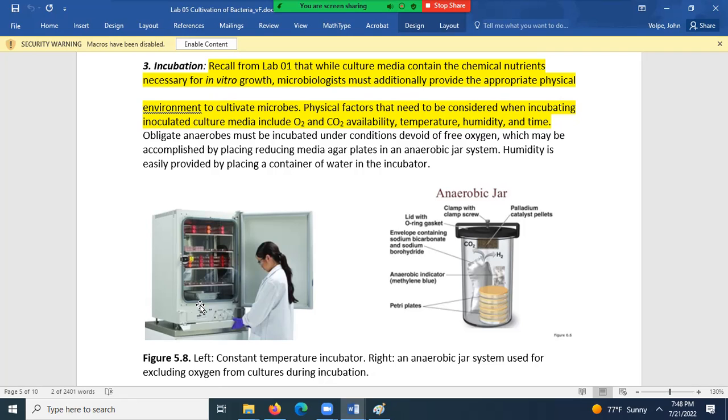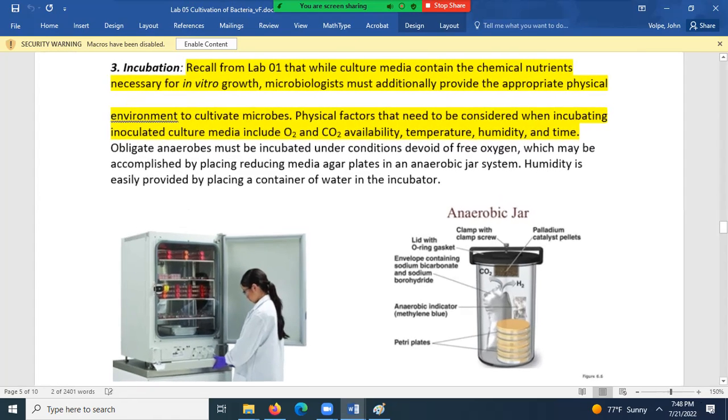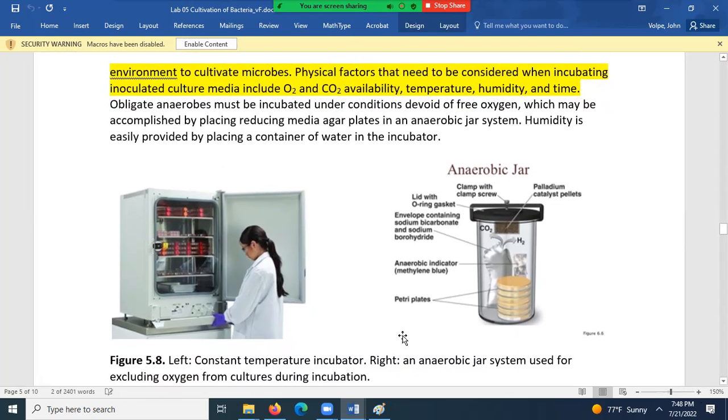All they do is provide a temperature for the bacteria to grow, and some humidity. Now this one is more complex, and it's probably providing specific air for the bacteria to grow, like maybe 5% carbon dioxide is supplied. You can provide specific oxygen amounts in the incubator, and there's other things you can control.